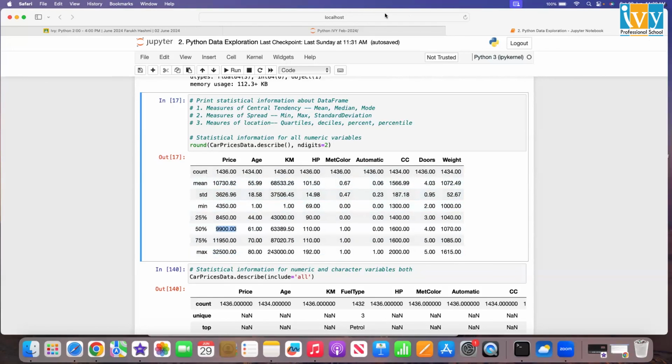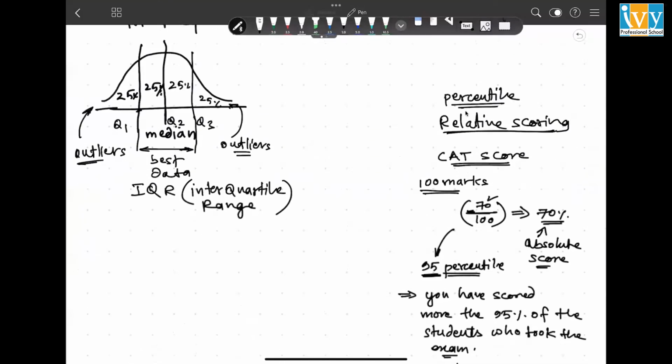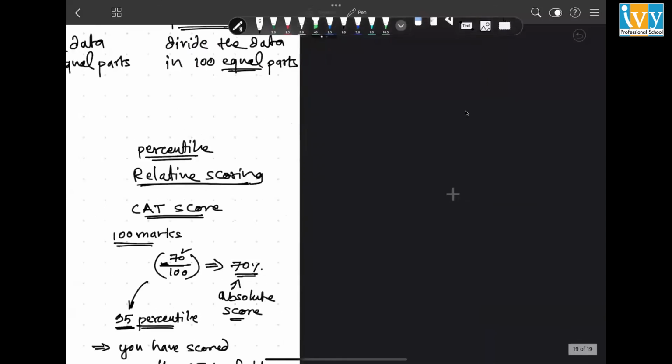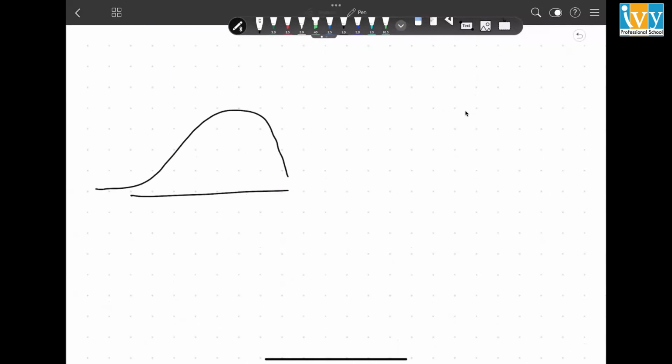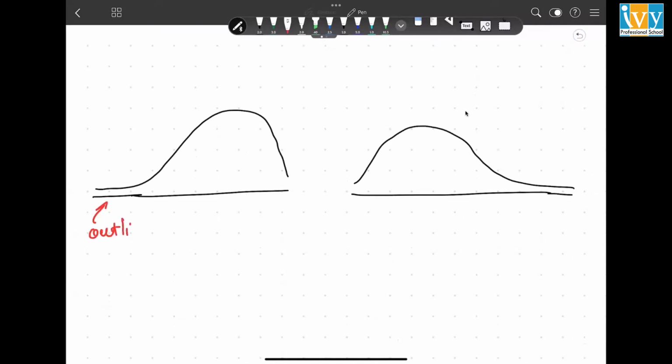So in terms of graph, you can imagine it like this. Here you have the outliers, here on this side you have outliers. If your outliers are on the right hand side, this is known as positively skewed. If the outliers are on the left hand side, it is known as negative skew.